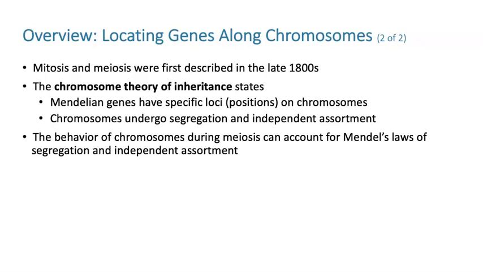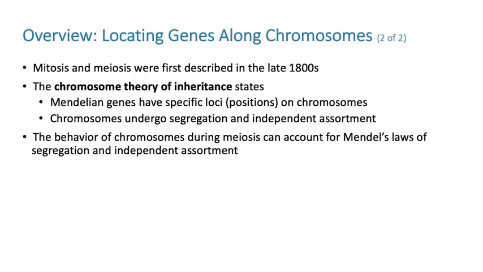And so there's a couple of key things here with the chromosome theory of inheritance. Number one, Mendel's genes have specific loci, and loci is plural for locus, and that just means position or location on chromosomes. And then, of course, chromosomes undergo segregation and independent assortment.